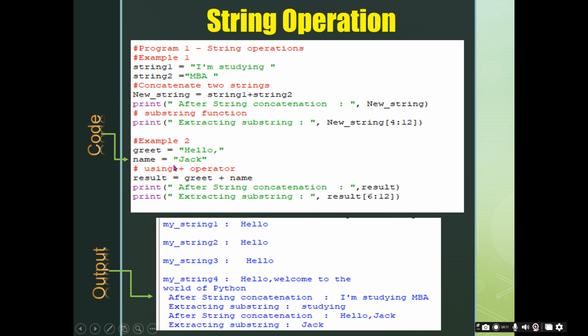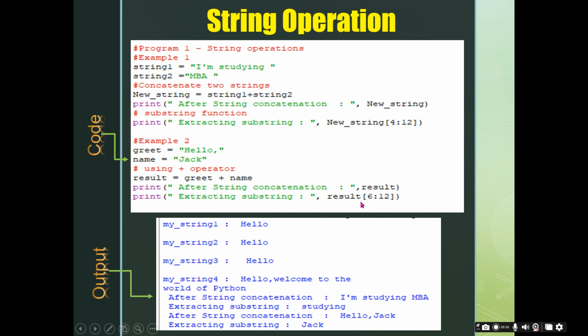I have given another example. I have declared two strings, greet and name. Greet is "Hello," and name is "Jack". Again I have used the concatenation operator on the string variables, and the concatenated string is stored in result. So my result is "Hello, Jack".